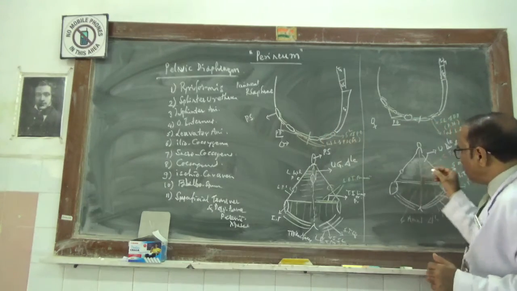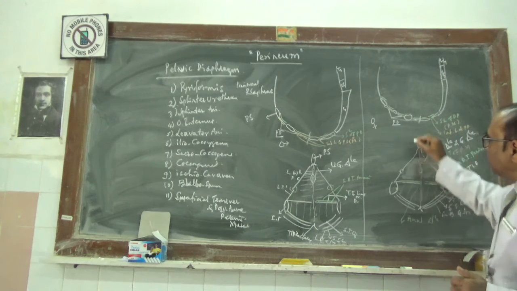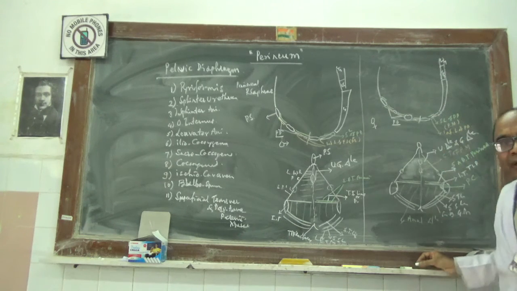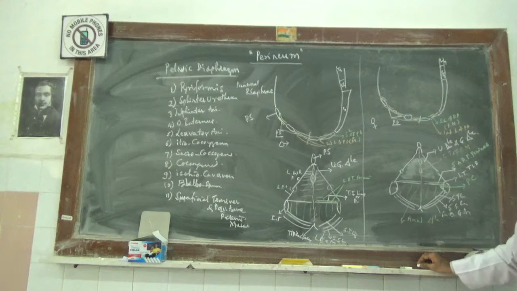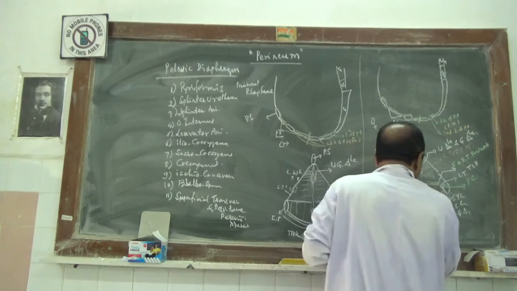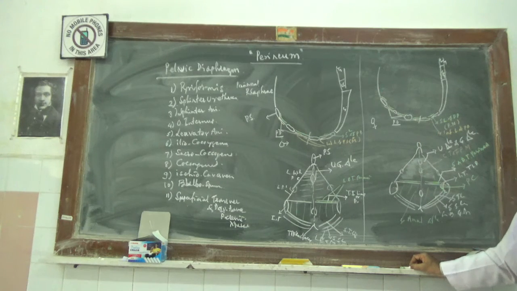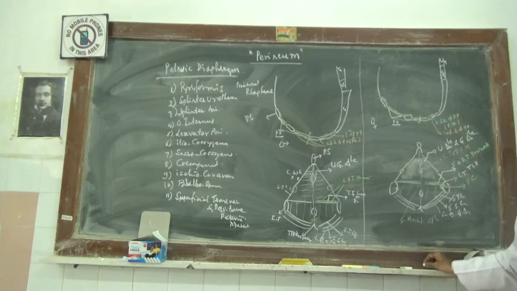But in female, in the urogenital triangle, urinary and genital open separately. While in the anal triangle, in both male and female, only the anal orifice, via the anal canal, opens to the exterior. The anal orifice is common to male and female.